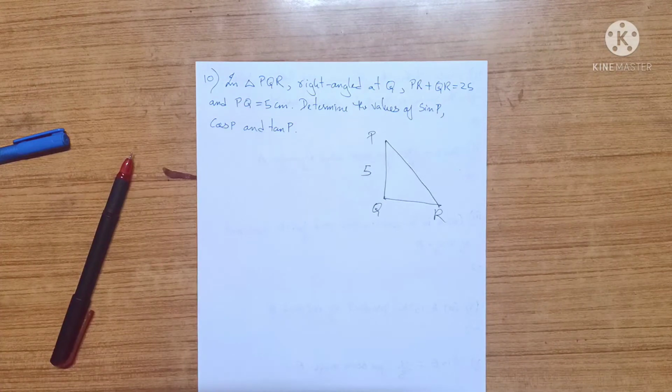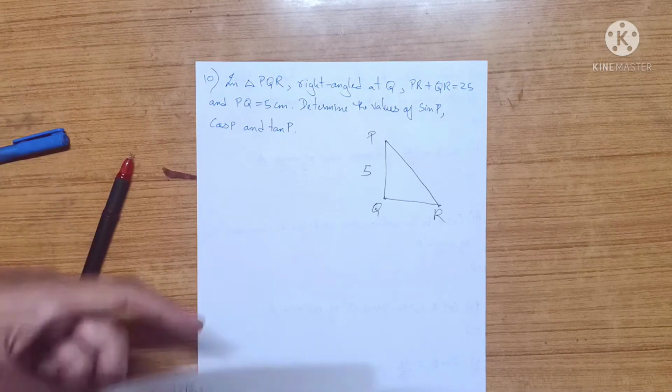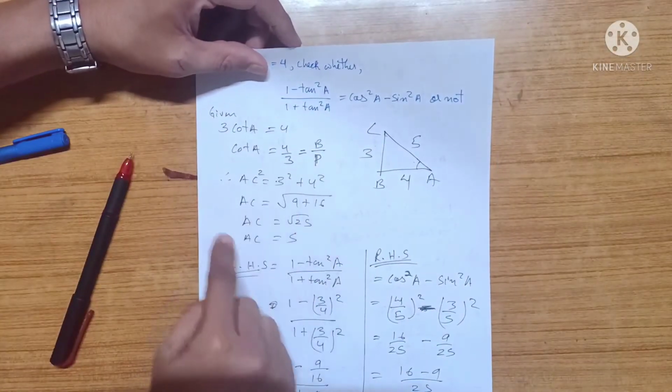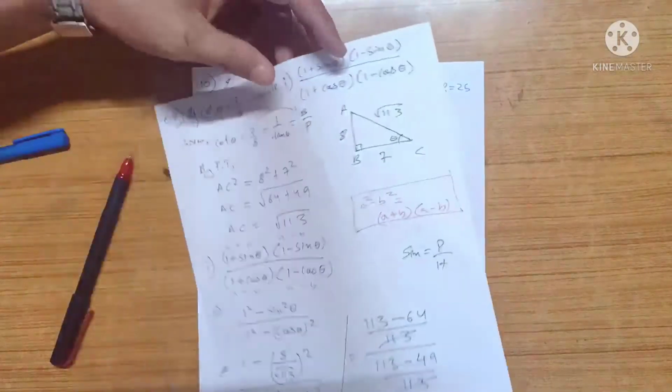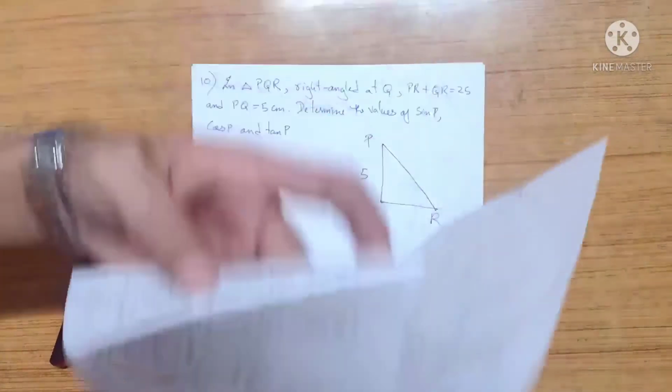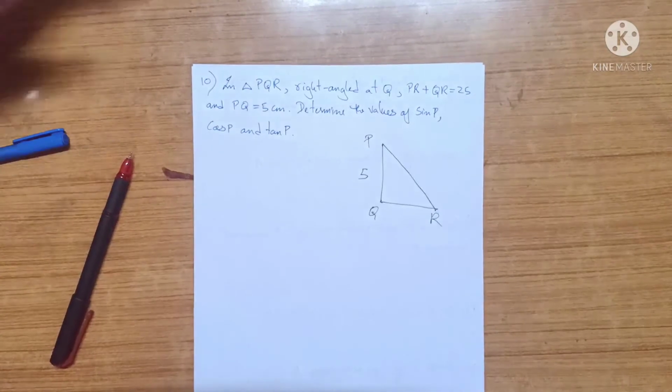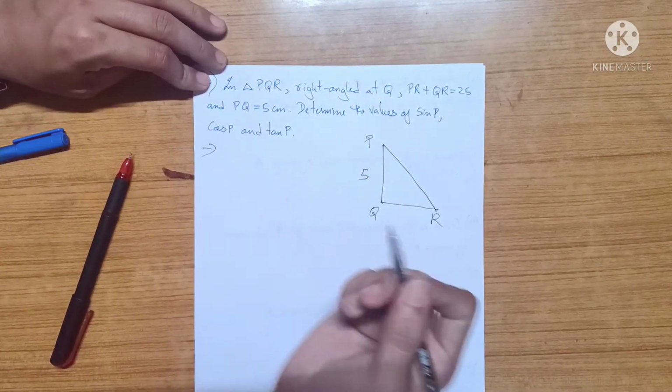So in all these questions that we have done so far, what is the first step that we always do? We always use Pythagoras theorem to find the thing. So let's use that also here.